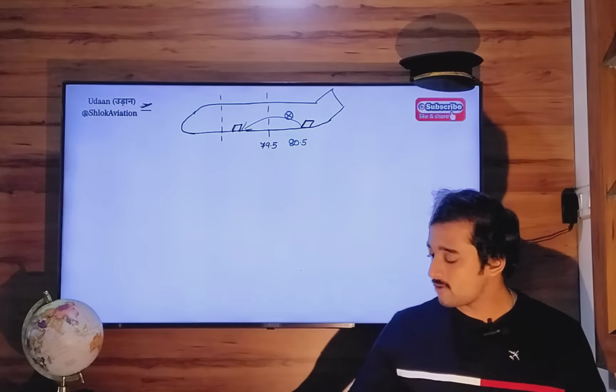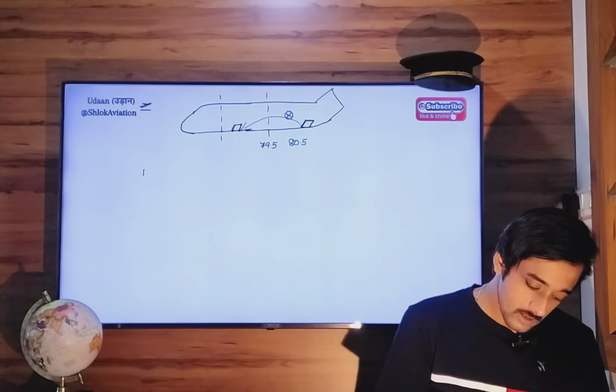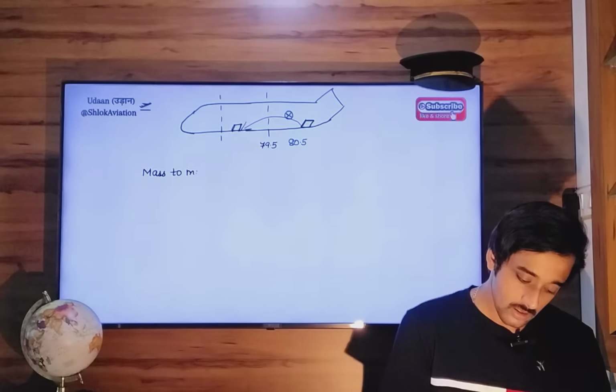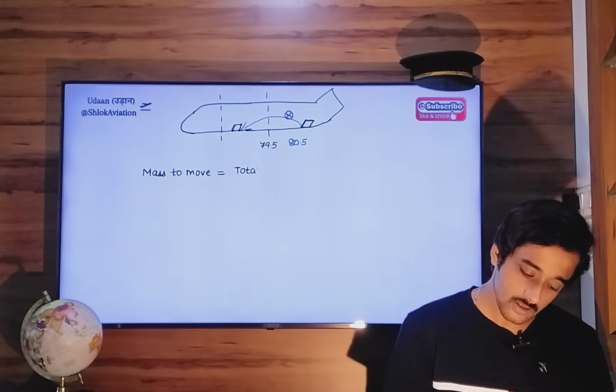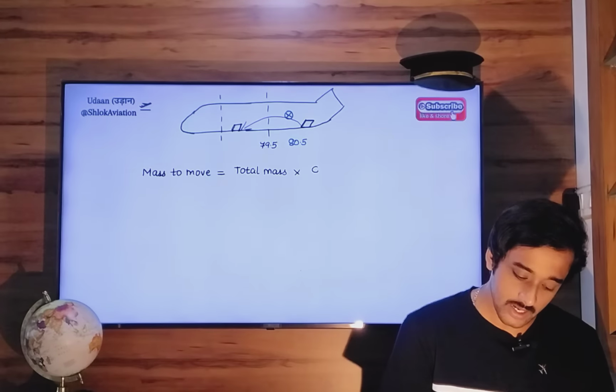Now there is a formula for that. The formula is mass to move equals total mass of aircraft multiplied by center of gravity movement required.